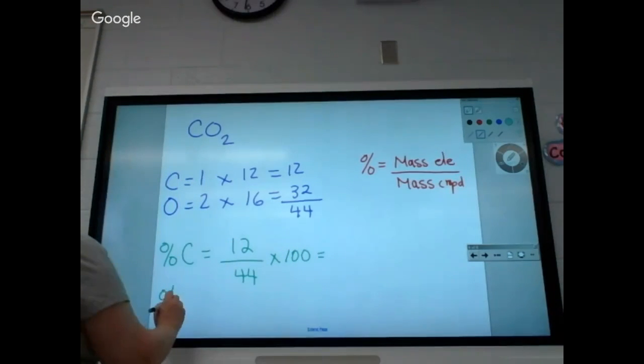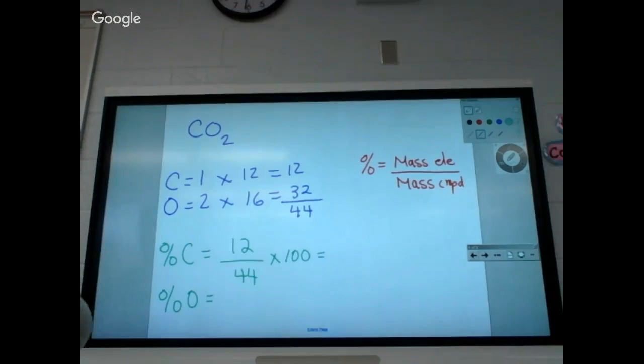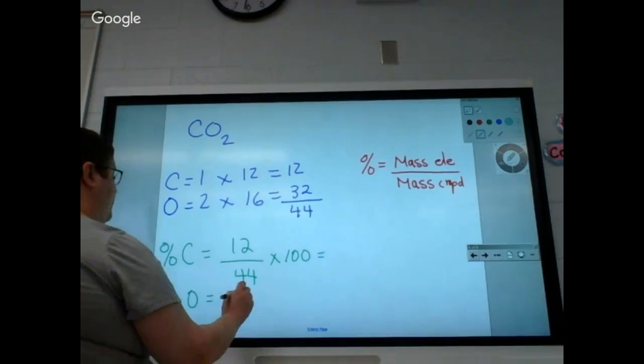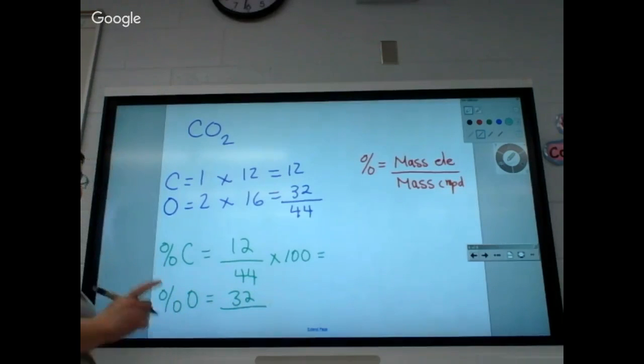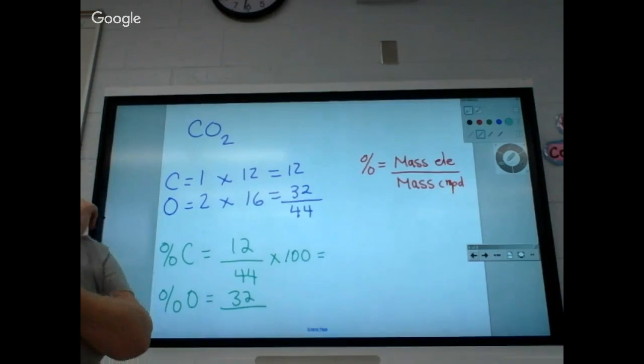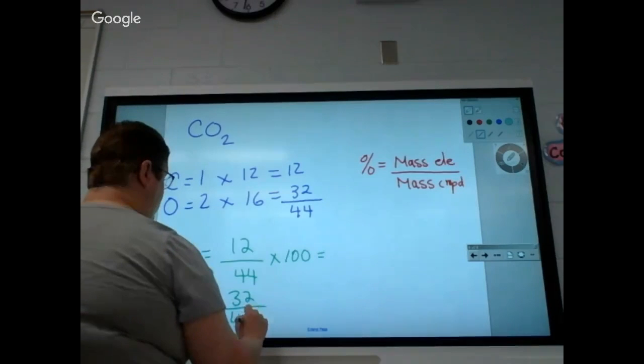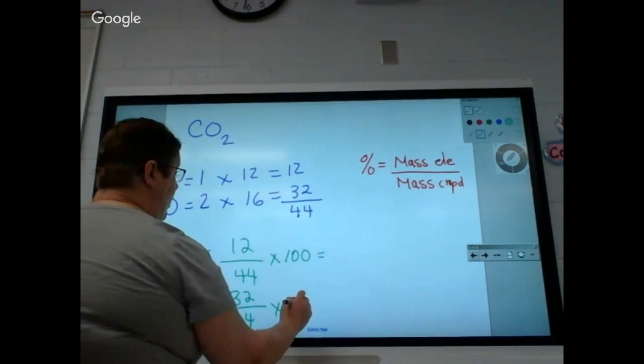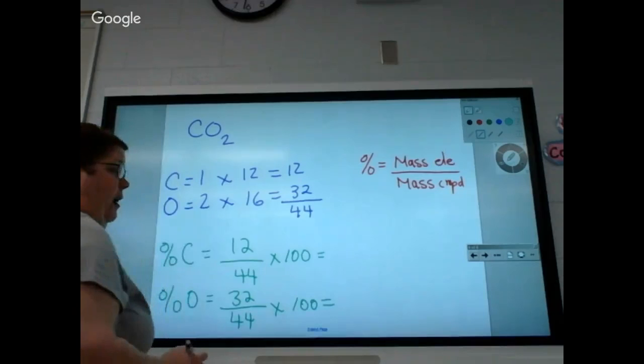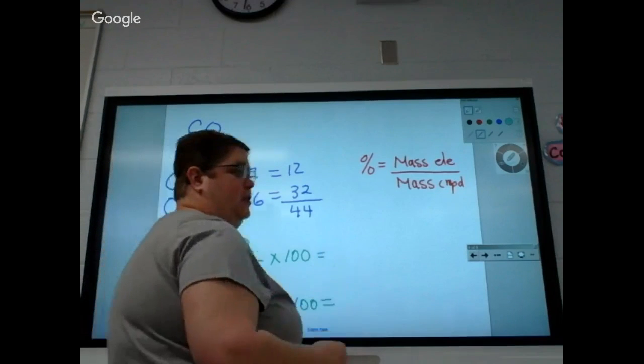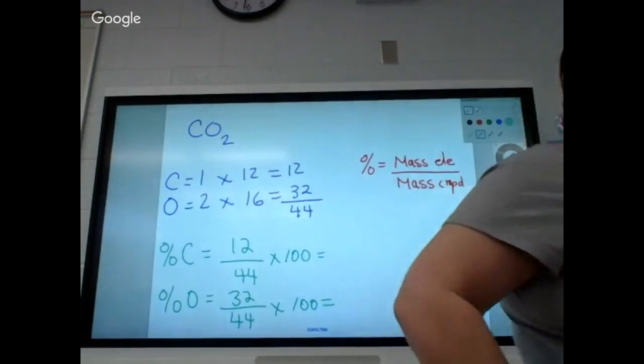To find the percent oxygen, what is the mass of my element? 32. Sometimes people tell me 16. Why is it not 16? You have 2 oxygens and you have to use all of them. Over 44 and then times 100. Now, when I get these two percentages, what should they add up to be?